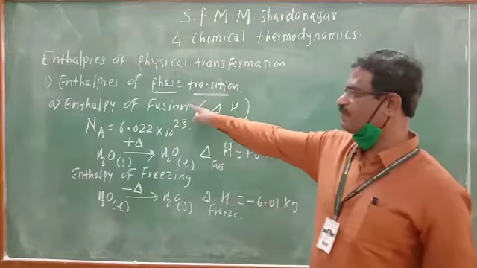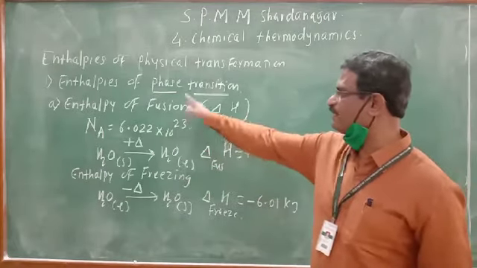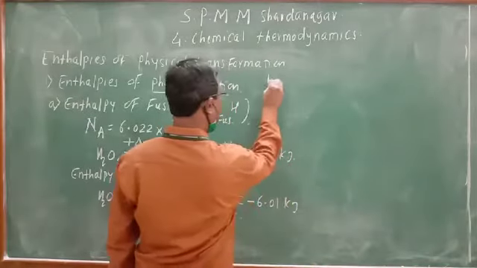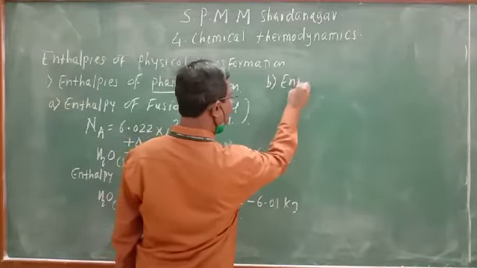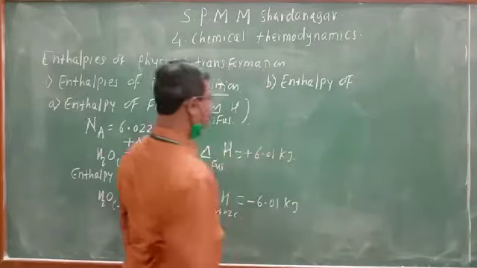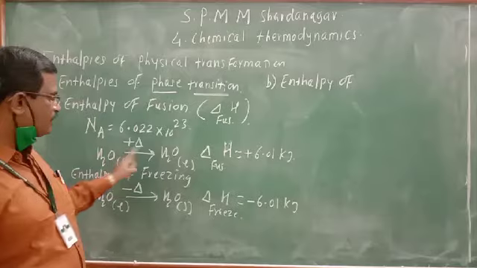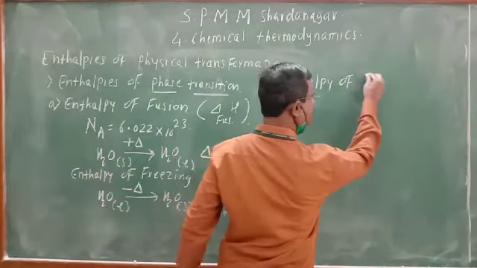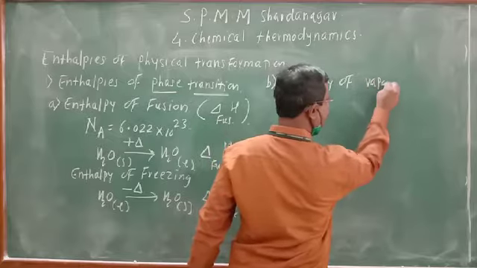So this is about the first type of enthalpy of phase transition. Secondly, enthalpy of vaporization: here solid to liquid, now liquid to gas, that is known as enthalpy of vaporization.